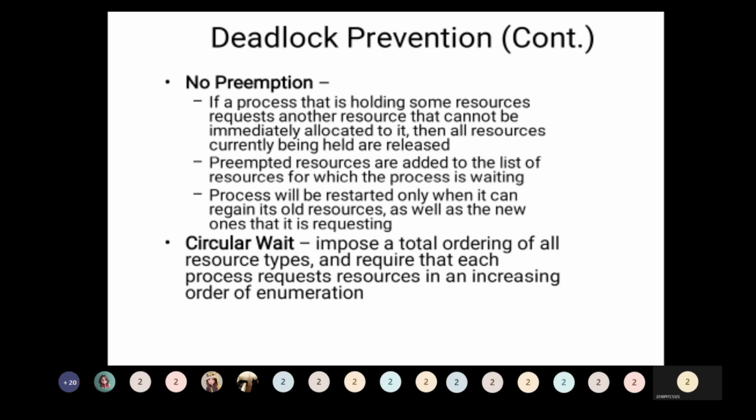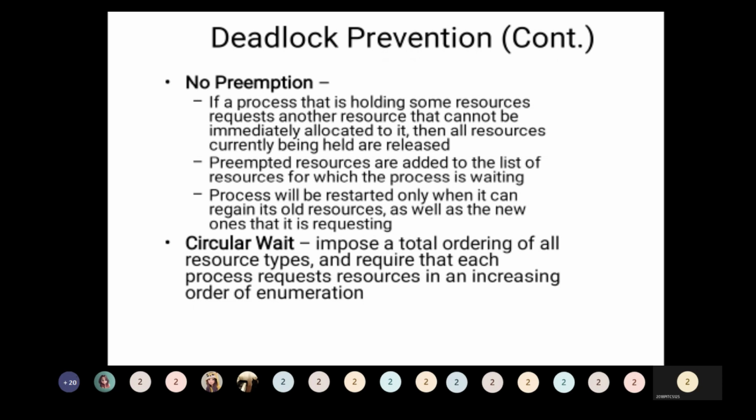Then whatever resources are currently held by P1, it has to immediately release until R2 is available. That is what is called preemption. We are making the process P1 preempt its execution and give up all the resources it already has.